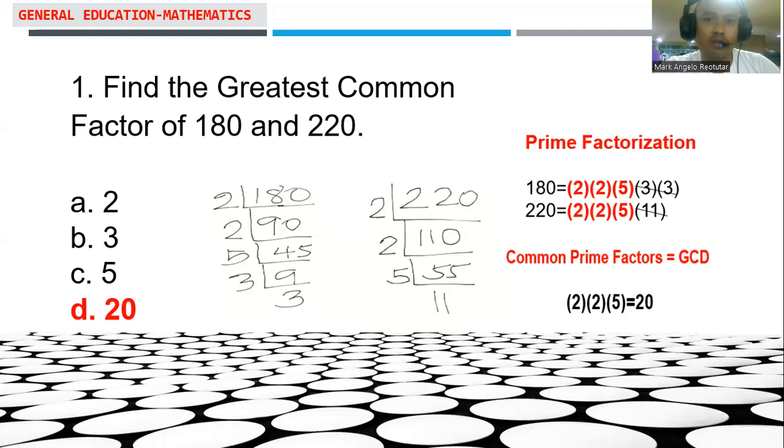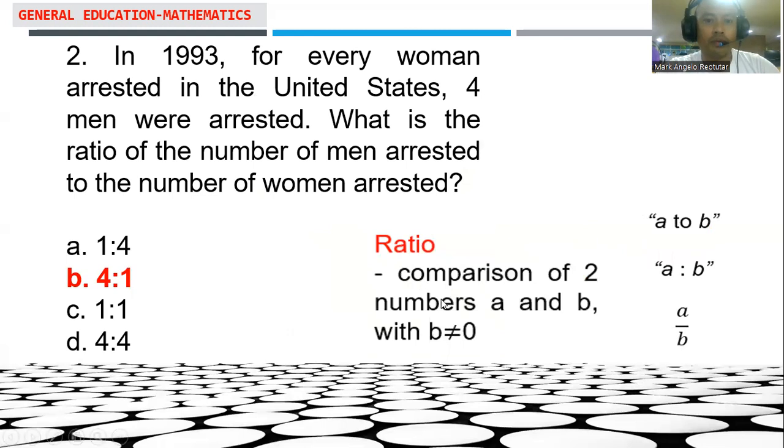In this particular case, we can now say that 20 is considered to be the greatest common factor of 180 and 220. So we found it through the process of prime factorization. All right, so let's proceed to problem number 2.